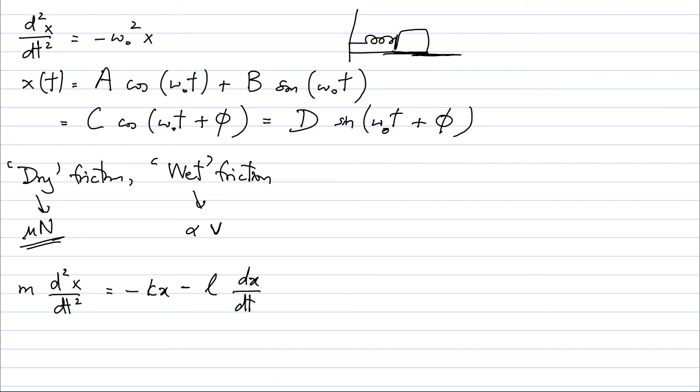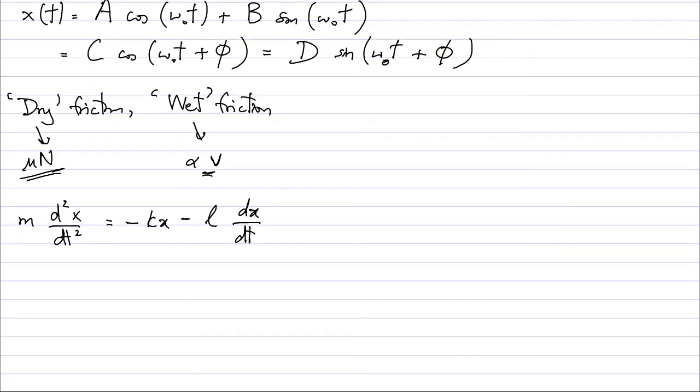L is essentially the proportionality constant that goes over here to give you the friction force. Right, so then you just have to solve this equation. So you have m d2x by dt2 plus L dx by dt plus kx is equal to 0.